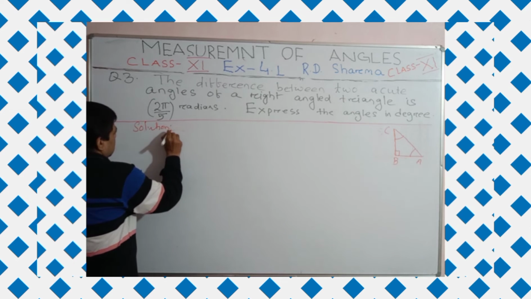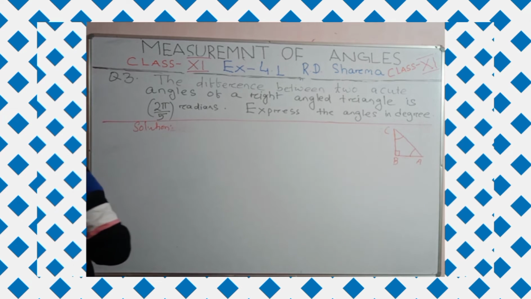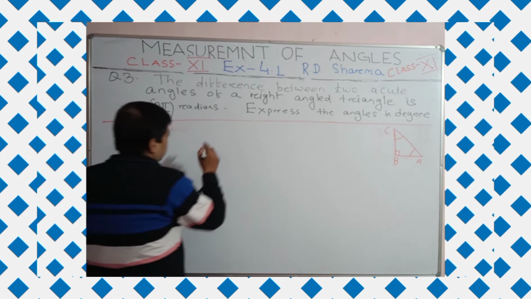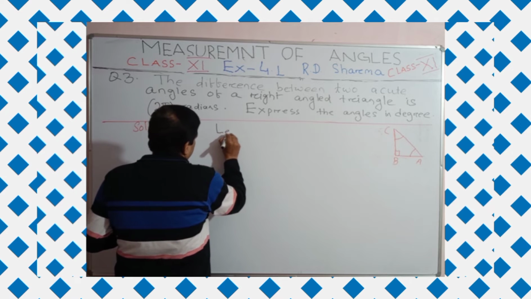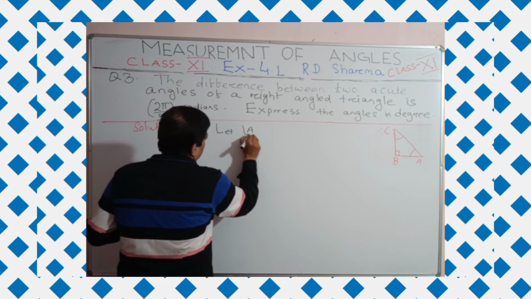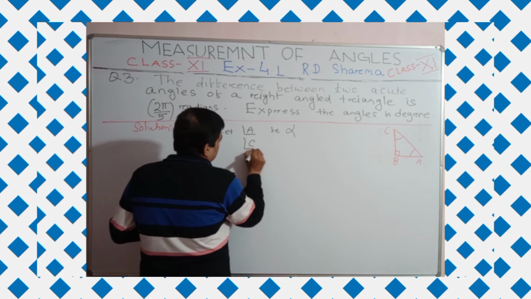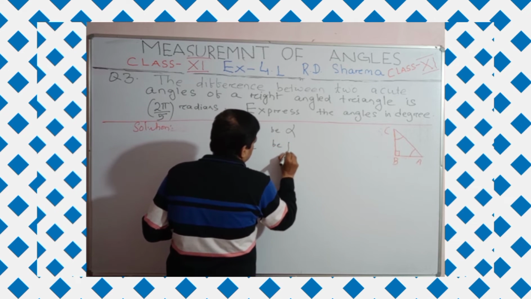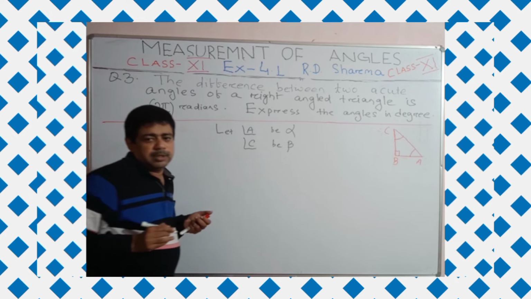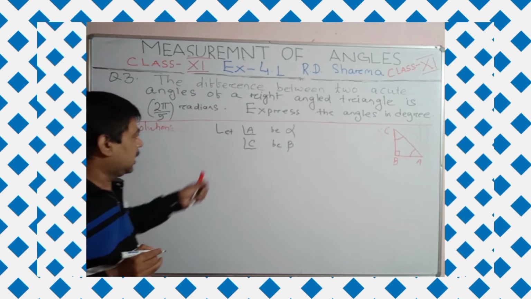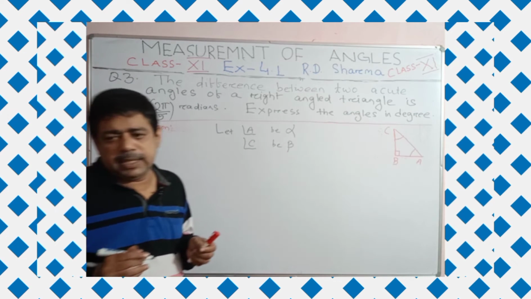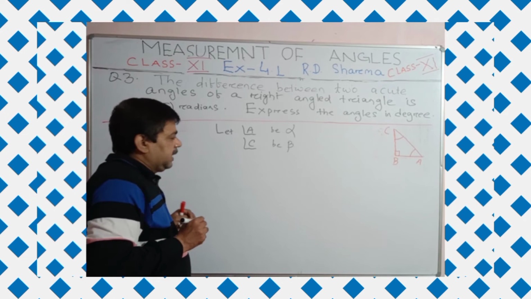Let the acute angle A be alpha, and angle C, the other acute angle, be beta. Symbolic representation.